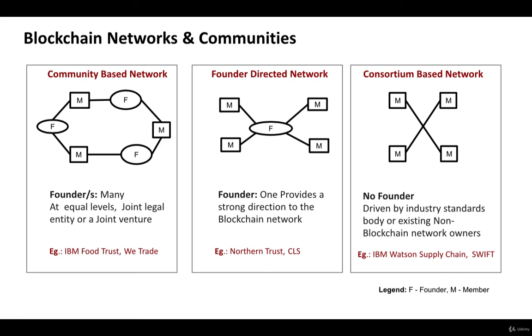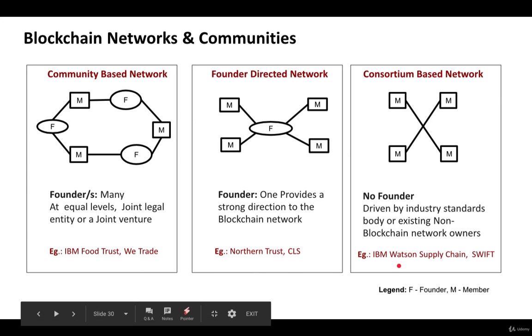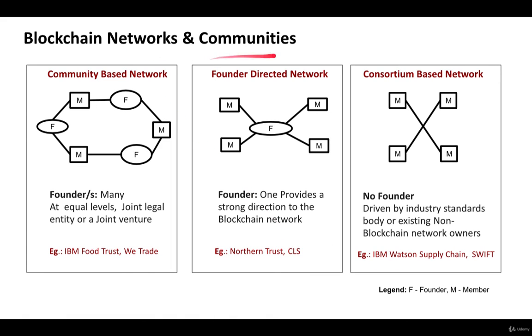All of them interact with each other and ensure that the data can be shared among all the members. An example here is IBM Watson Supply Chain and Swift. So blockchain networks and communities enable sharing of data among different organizations and among people.